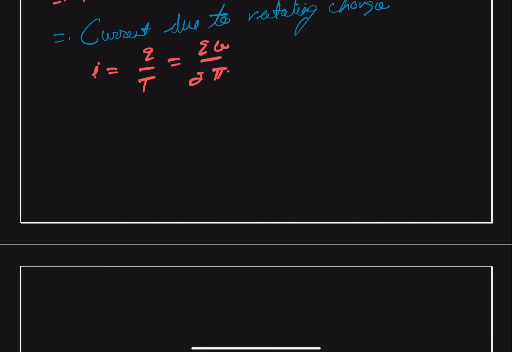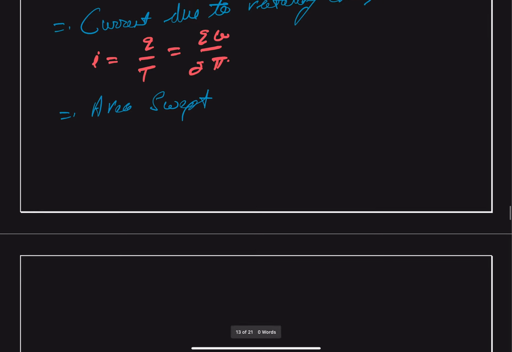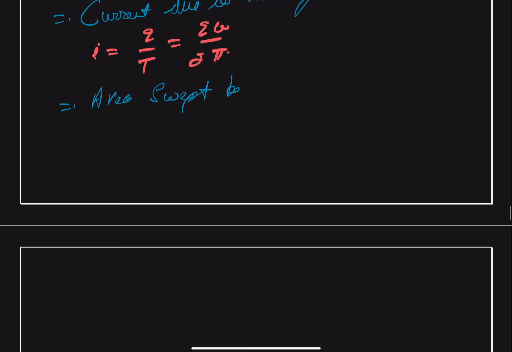And we can find out the area that is being swept by the charge. So the area swept by the charge, that is A, is equal to pi r square.